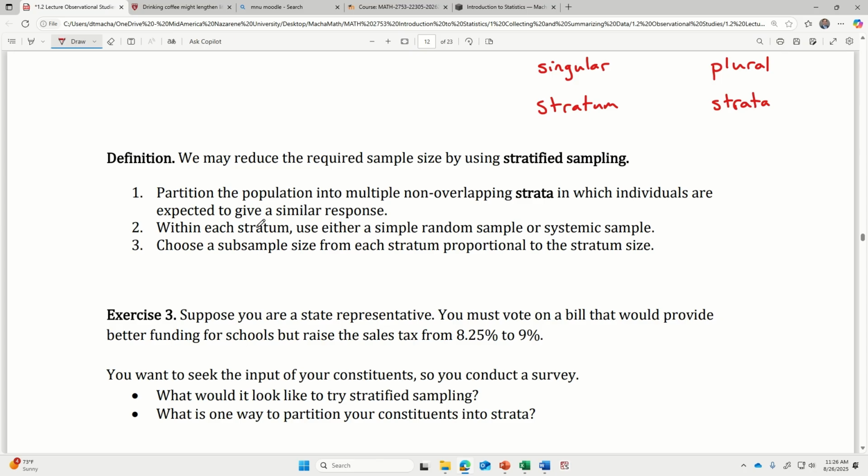But it's not the majority of the population. It might be 10 or 15%, I don't remember. So if I was going to conduct a survey where ethnicity mattered, I would want to make sure that since Poles are 10% of the population, Poles make up 10% of my sample. That's what I mean by step number 3.